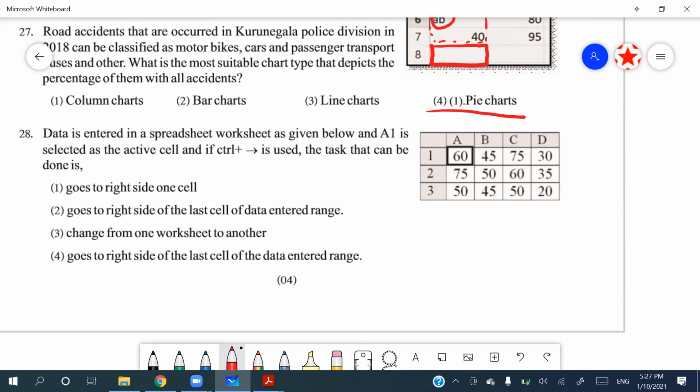Yes, goes the right side one cell. No, not one cell. Goes the right side of the last cell of data entered range. Change from one worksheet to another? No, never. Goes to right side of the last cell of the data entered range. Is it the same thing as second?